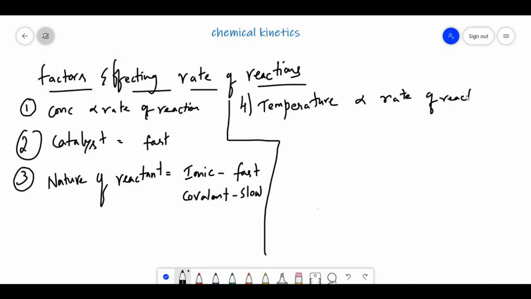So if you increase the temperature, the rate of reaction also increases. And here one more point we have to remember. For every 10 degrees centigrade rise of temperature, the specific rate K becomes twice or thrice. So it increases by 2 times or 3 times for every 10 degrees centigrade.